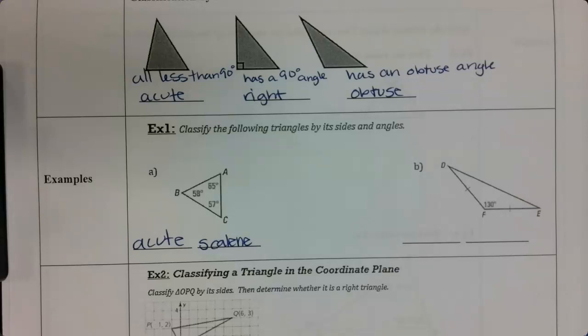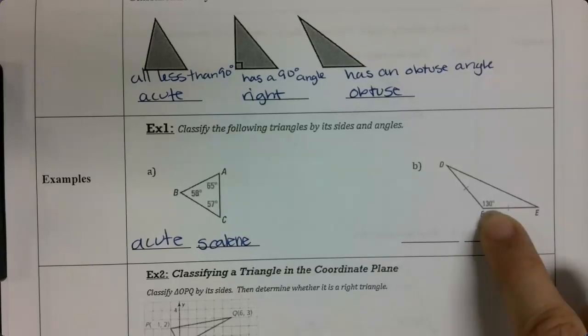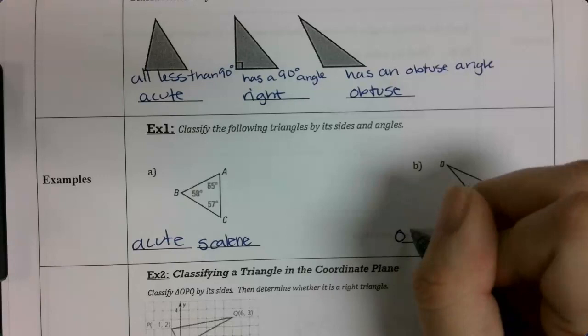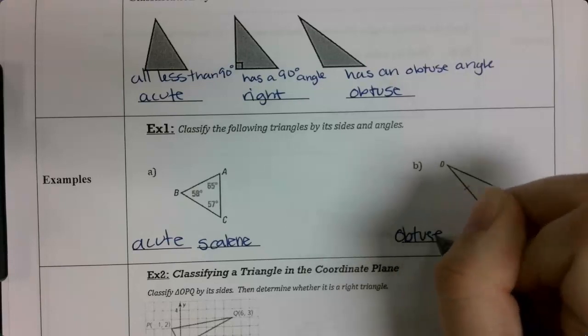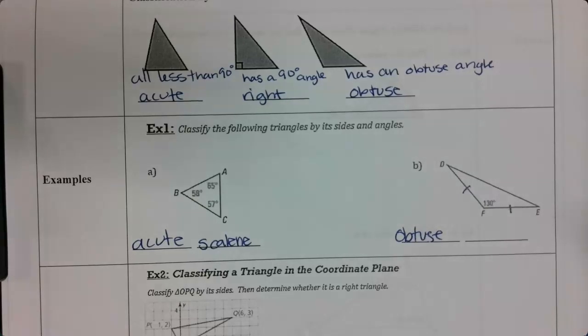My next one has an angle that's 130, so that's going to be what? Obtuse. And if I look at this picture, I have 2 tick marks that are saying 2 sides are the same. So what's the word for 2 same sides?